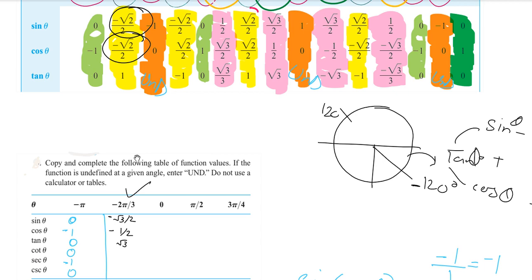So cot theta, cot negative 2 pi over 3 will be the reciprocal of that tan theta, that will be in this form, and second is the reciprocal of cos theta, that will be in this form, and that will be in this form.